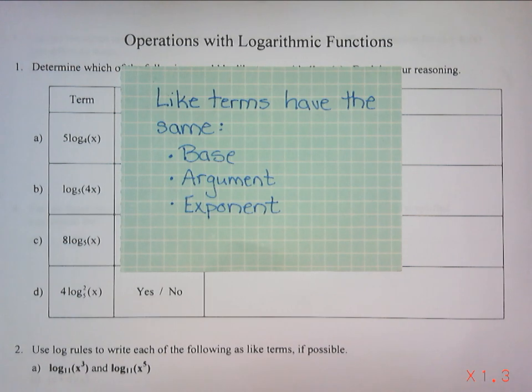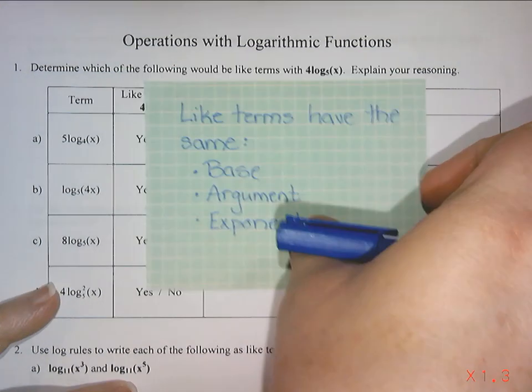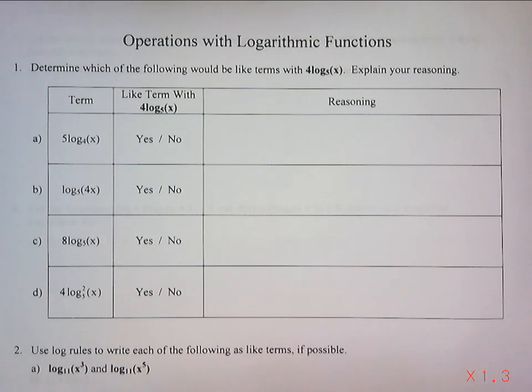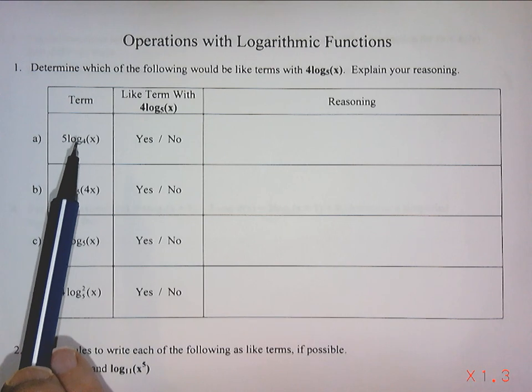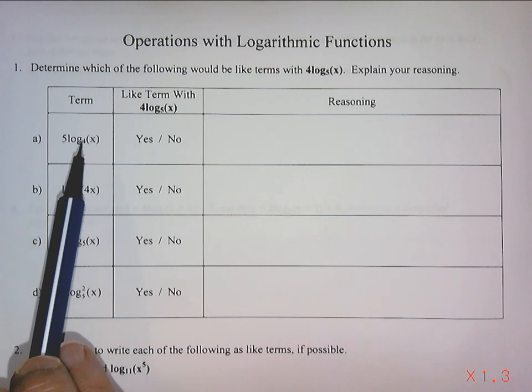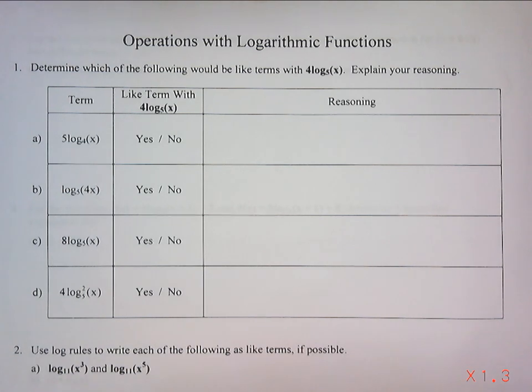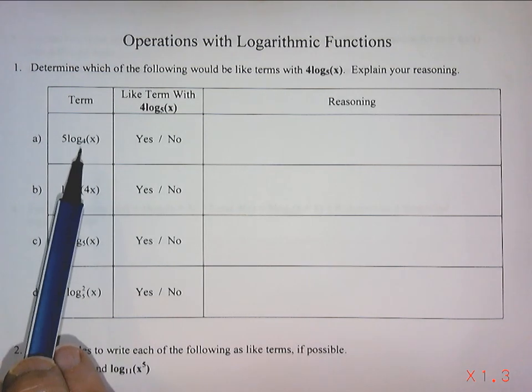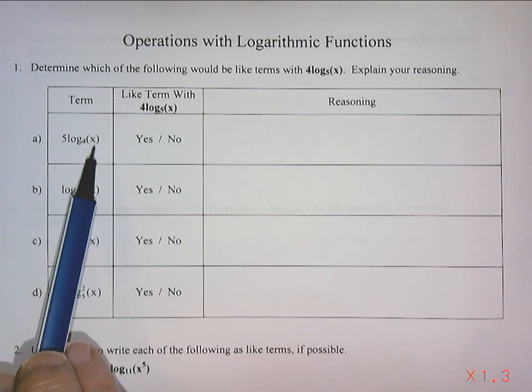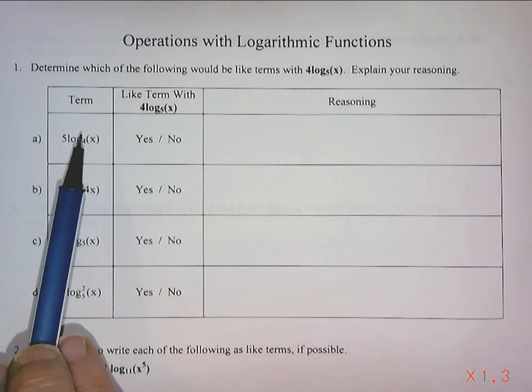So we're going to take a look at 4 examples, and we're going to determine whether or not they are like terms with 4 log base 5 of x. So if I take a look at the first one, we have 5 log base 4 of x. Do they have the same base? No. Do they have the same argument? Yes. Do they have the same exponent?